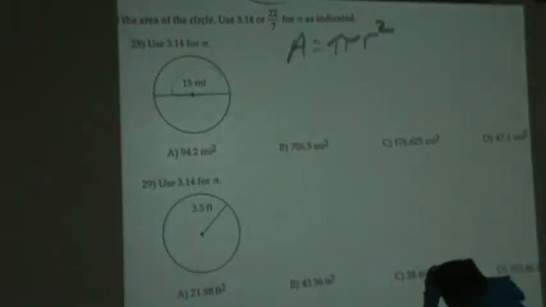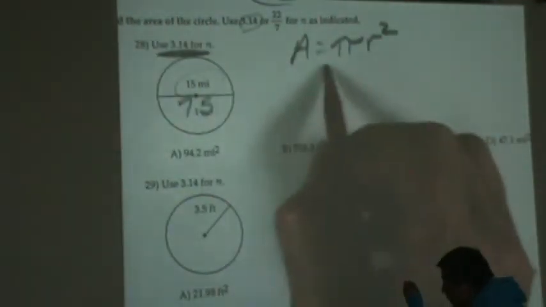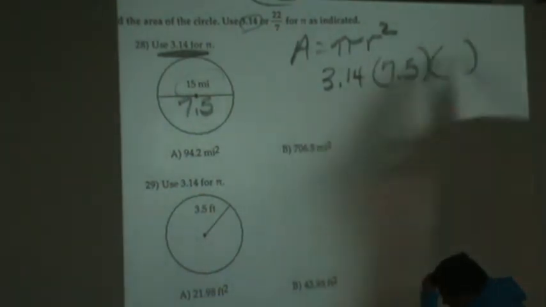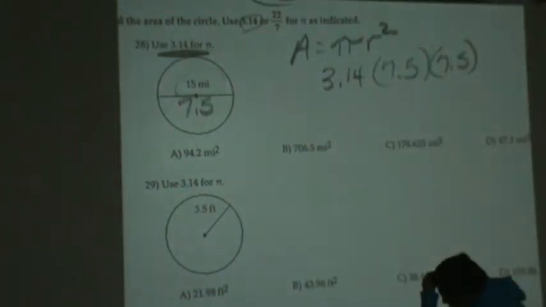We can figure it out, huh? Half of this is 7.5. So use 3.14 times the radius times the radius. 3.14 times 7.5 times 7.5.